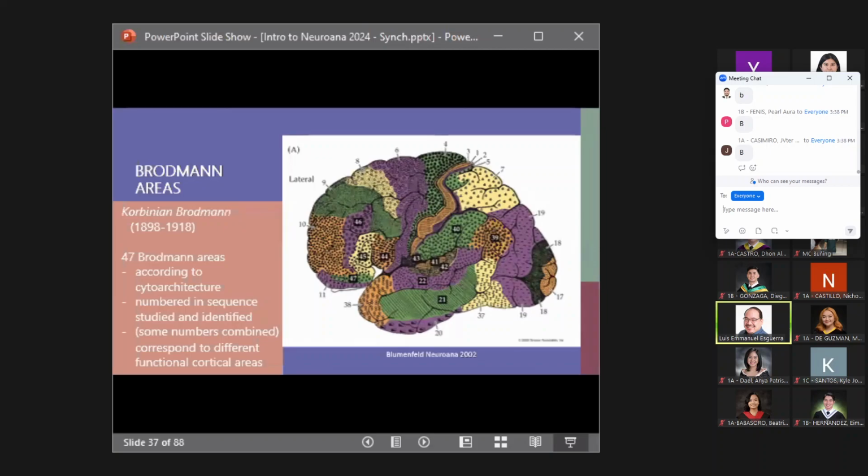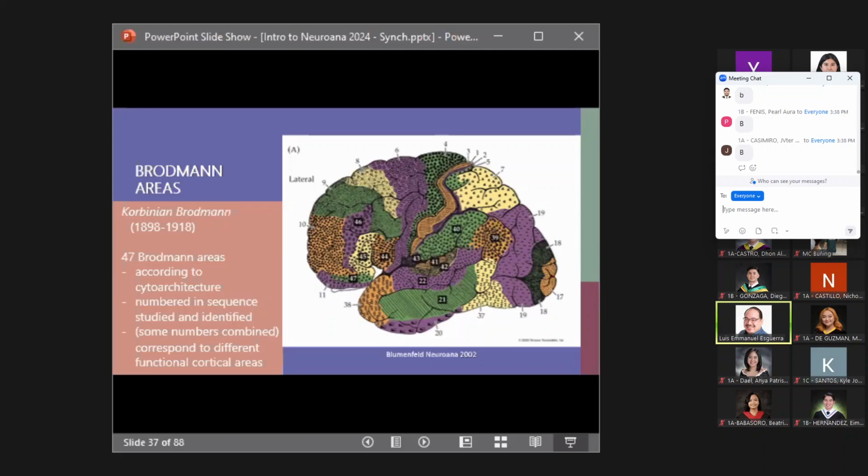Then he realized that some of these numbers correspond to different functional cortical areas. For example, the precentral gyrus functional cortical area is the primary motor area, and that's Brodmann area 4.